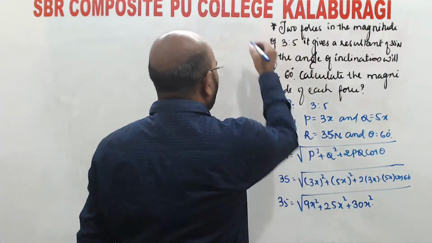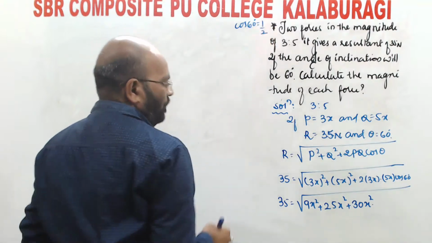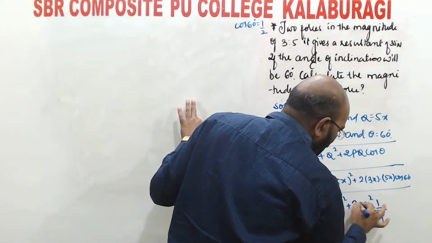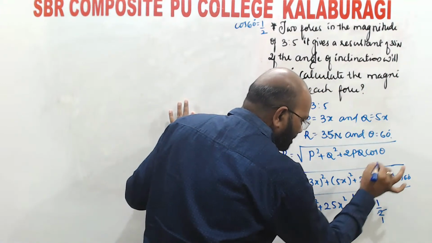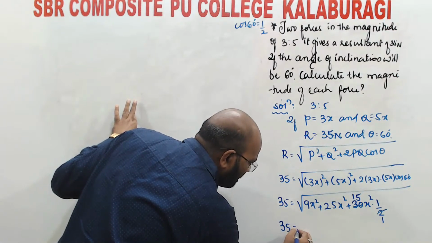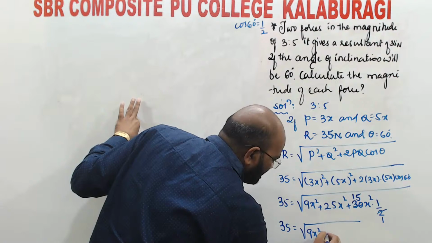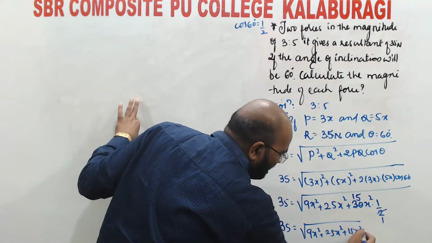As I taught earlier, cos of 60 is 1 by 2. Substituting 1 by 2, 2 1s are 1 remaining, 2 5s are 10, this is 15x square. So 35 is equals to under root of 9x square plus 25x square plus 15x square.